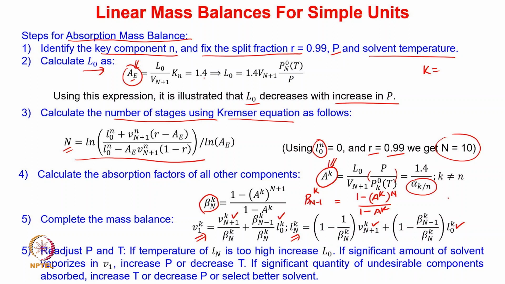The output from the nth stage will be the molar flow rate of the vapor coming out from the absorption unit, given by Vk with respect to the component K. Similarly, the molar flow rate of the kth component in the liquid from the nth stage will be this. So both these outputs from the absorption unit we can calculate by using the inputs. These are the inputs.